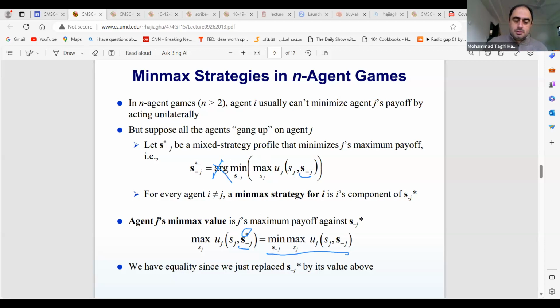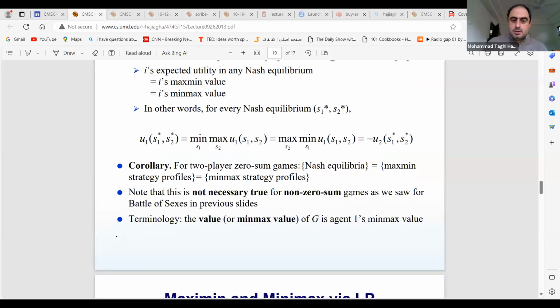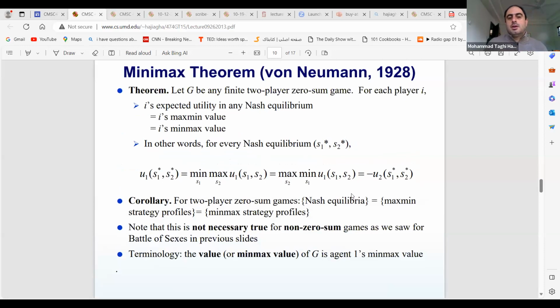Good. So this is a very important minimax theorem that you will hear a lot. What is this? Let G be any finite two-player zero-sum game.